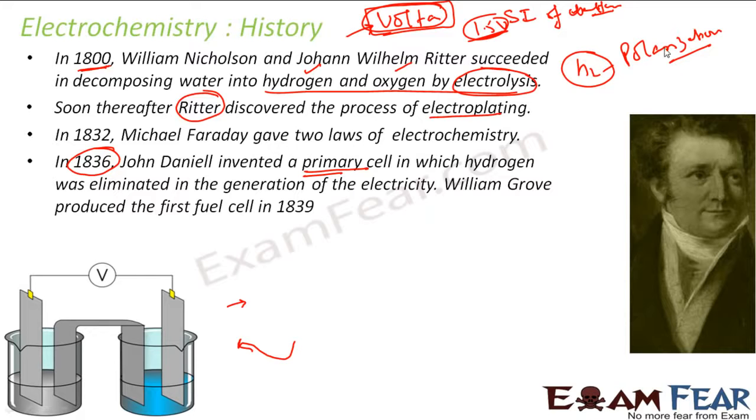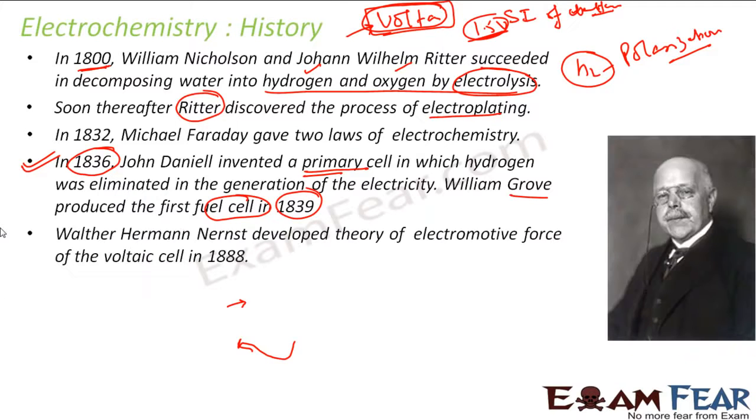Because of the polarization, the battery doesn't work after some time, so it had very less efficiency. So he eliminated this hydrogen gas in his setup. We'll explain this Daniel cell also. And then we have William Grove, who produced the first fuel cell in 1839. So that's all we have for the history.